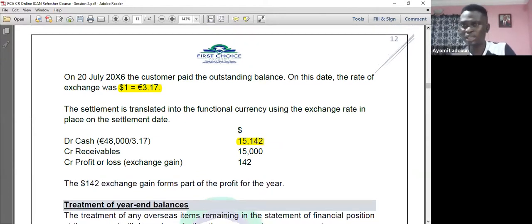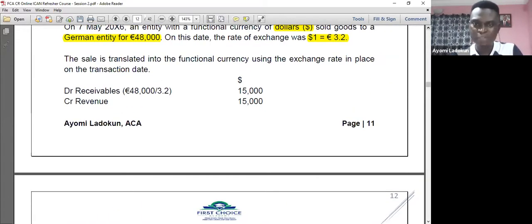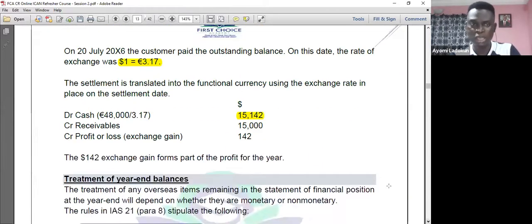Let me teach you a technique. I'm expecting this guy to pay me $15,000. That's my receivables. At the settlement date, when the guy eventually paid and I converted, it was 15,142. Is that a gain or loss? I had additional money, so this is a gain. I will take it straight away into my profit or loss account.